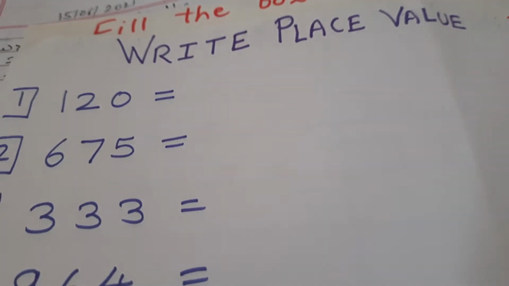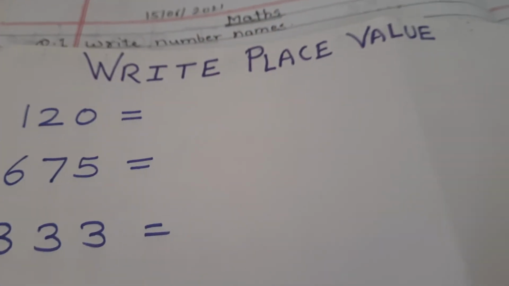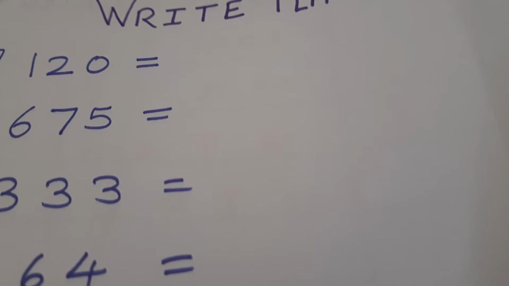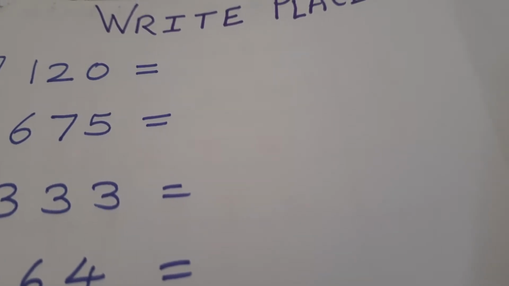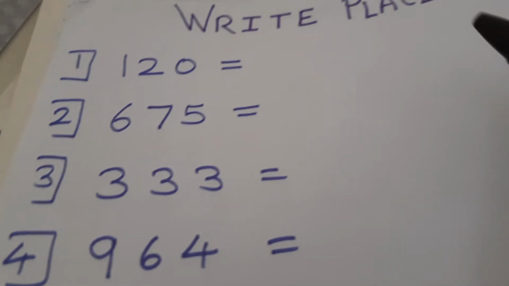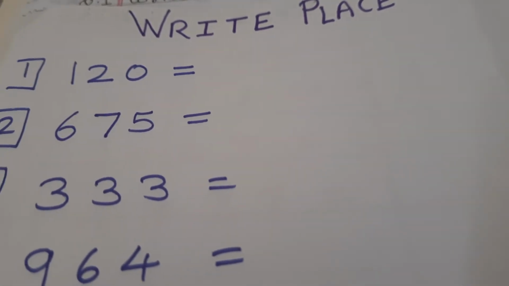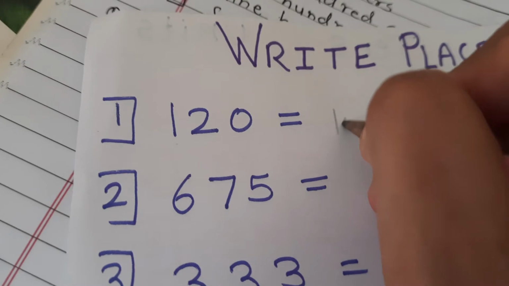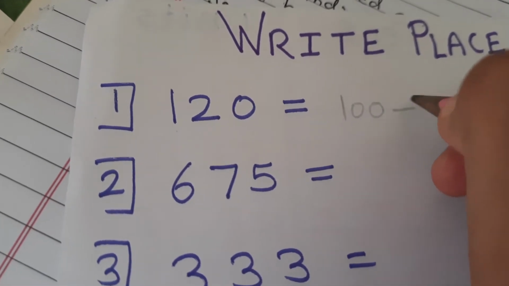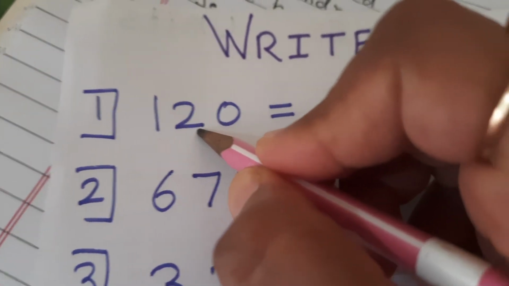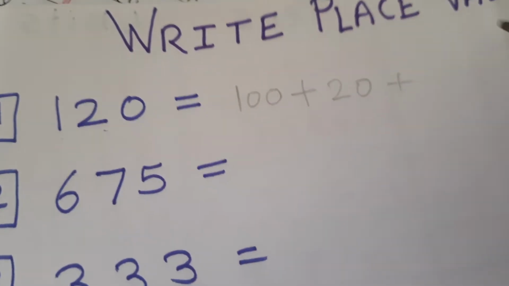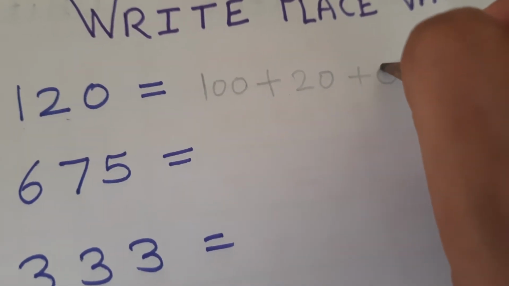So the place value of this 120, we will write as 100 plus 20. At the 100 place 1 is there, so here we will write 100, then plus 2 tens means 20, and 0 is at the unit place, so we will write here 0.